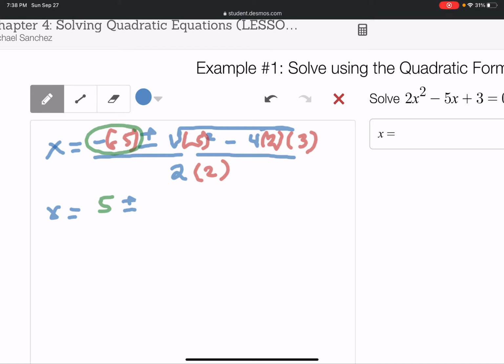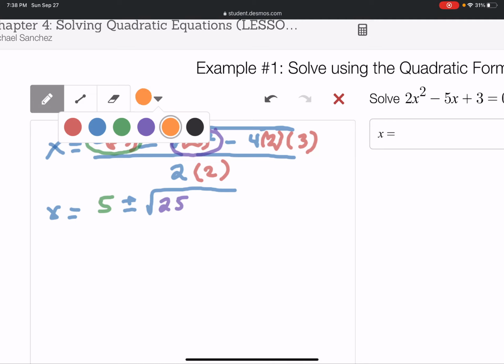We'll get to this part in a second. And the square root. All right, so I'm going to do the exponent here. Negative 5 to the power of 2 is 25. Negative 5 times negative 5 is a positive. Then I'm going to multiply these three numbers, 4 times 2 times 3.